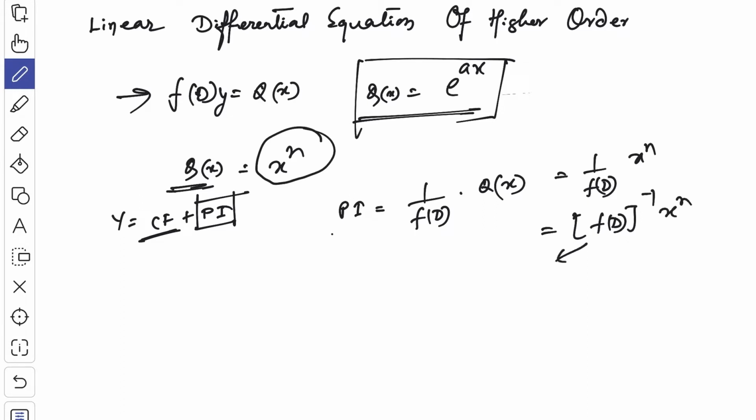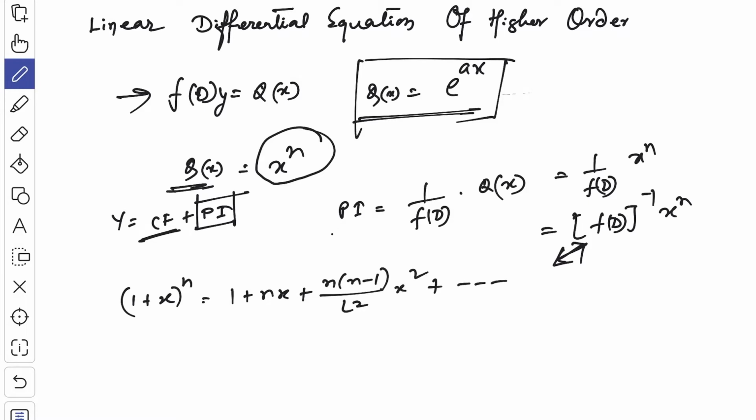Now we are going to expand this by the binomial theorem. We know that by the binomial theorem, 1 plus x whole to the power n is given by 1 plus n x plus n into n minus 1 by factorial 2 x to the power 2 and so on. But here this x is not this one, so rather than writing x, let me write D: 1 plus D whole to the power n.